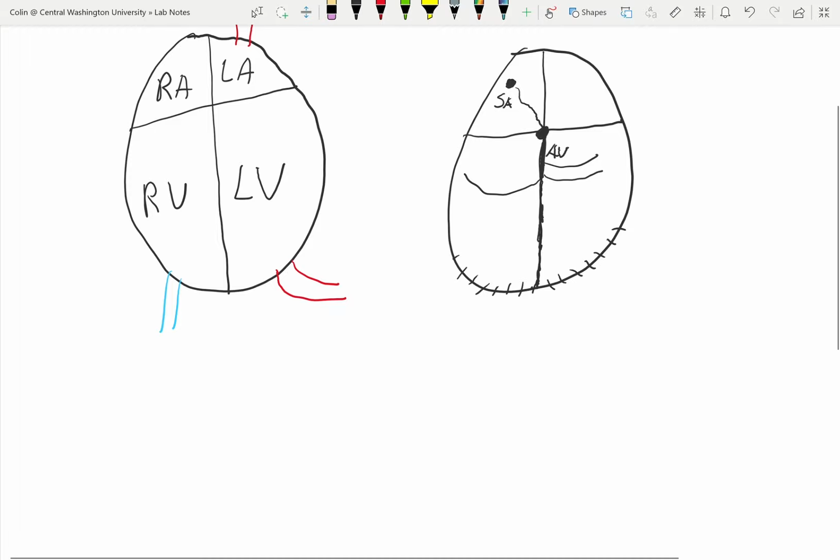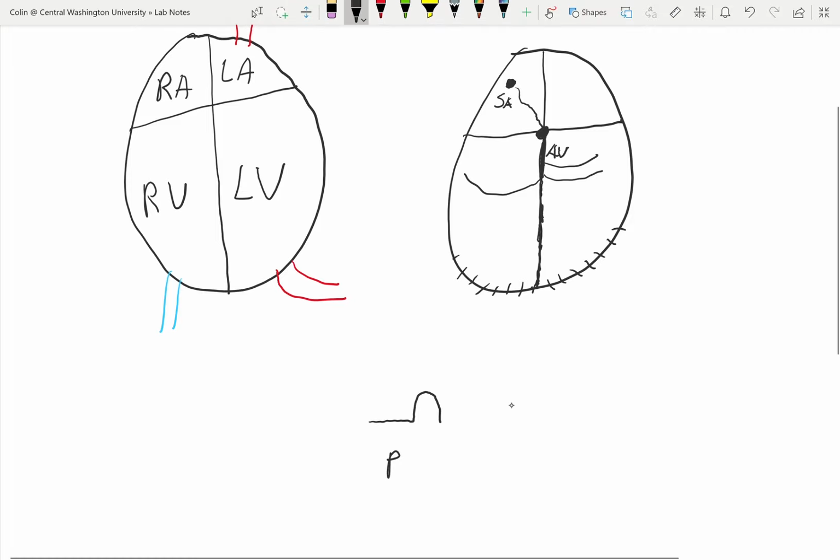Let's do it. Okay, so the SA node tells the heart to beat and the atria listen and squeeze. And we see that on the paper as a bump. And we call that first bump the P wave.